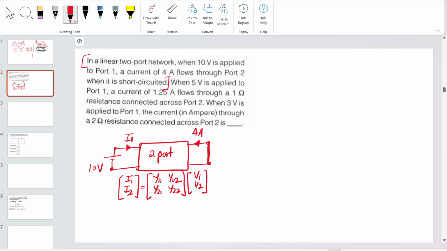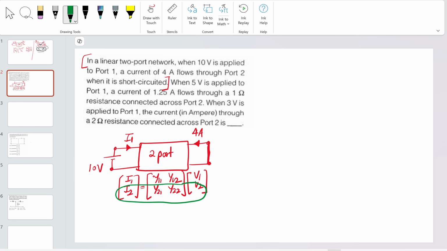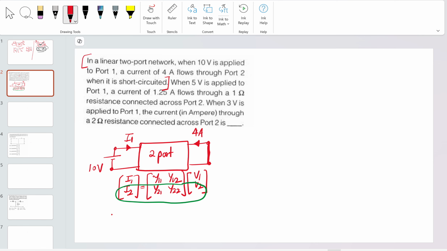If you consider the second part, you can represent it as I2 equals y21 v1 plus y22 v2. The statement says it is short circuited on the secondary side, so v2 is equal to 0, and I2, the current flowing from the output side, is the 4 amps.